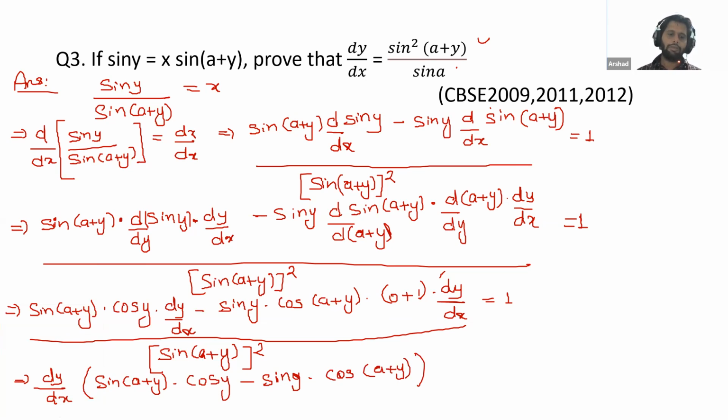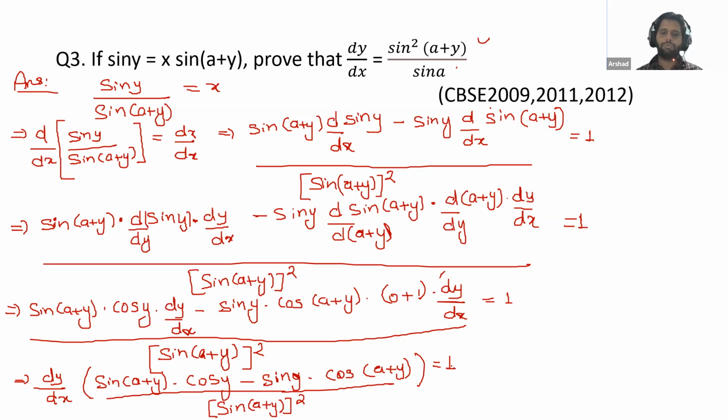And in the denominator, you have sin(a plus y) whole square, is equal to 1.